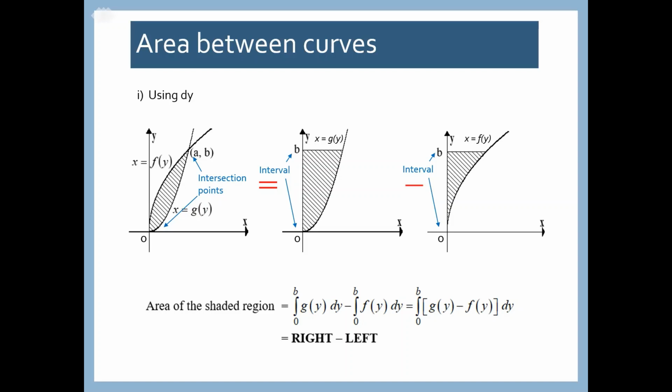To find the area between the curves, you need to minus the area of the right function g(y) with the area of the left function f(y). That is, integrate g(y) with respect to y minus integrate f(y) with respect to y over the interval.